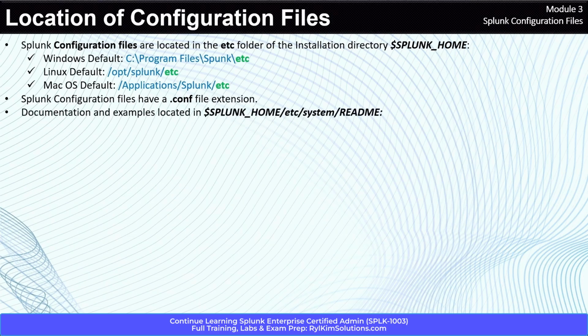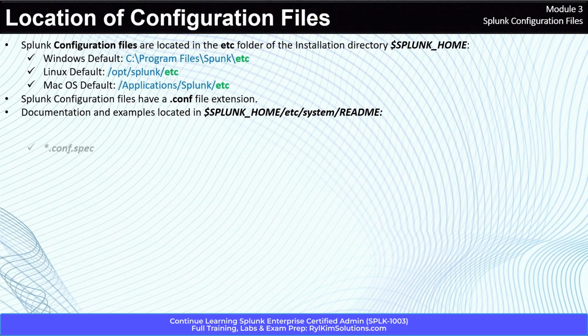Now, these configuration files in Splunk also have documentation. So for example, if I have a configuration file like inputs.conf, and I'm interested in knowing the structure of the configuration file, the settings that are available in that kind of file, and, of course, getting an example of that kind of file, you can do that in Splunk by going to your installation directory, going to that same etc folder, going to system, and going to README.